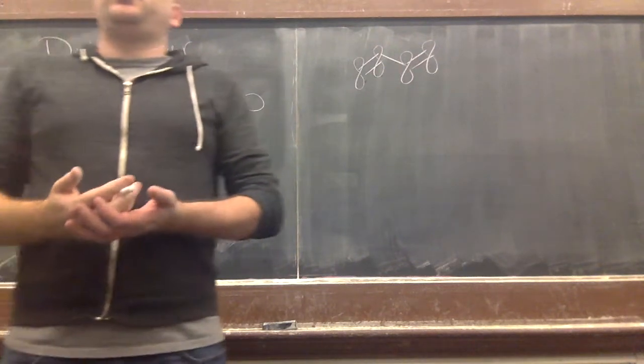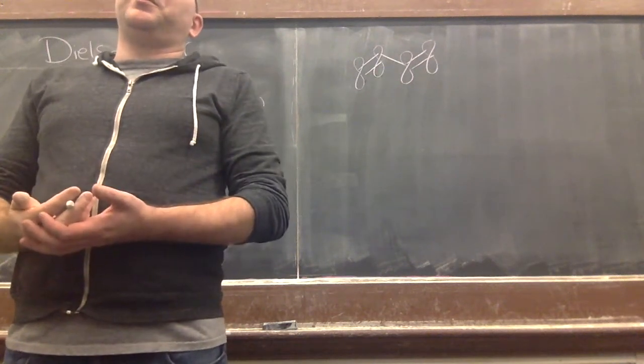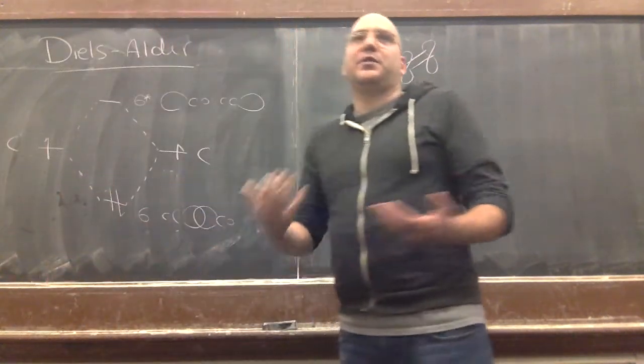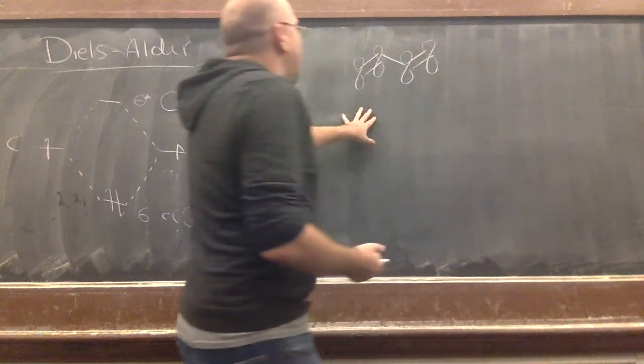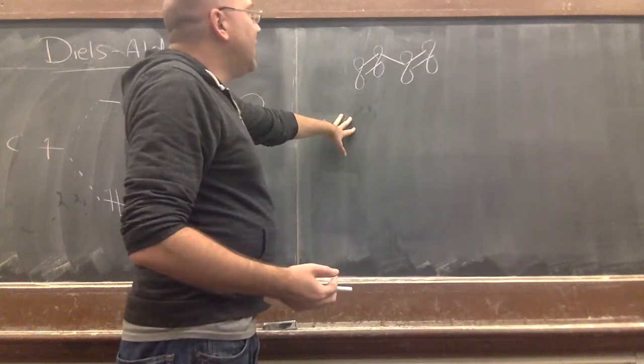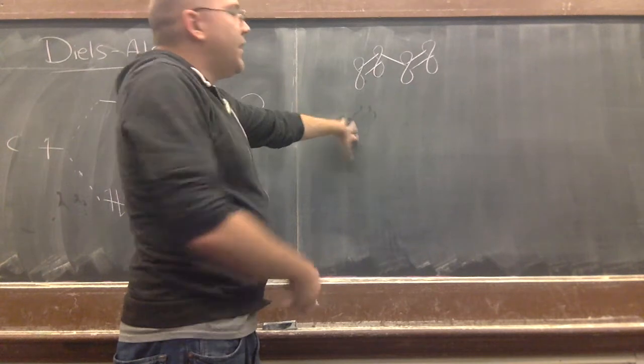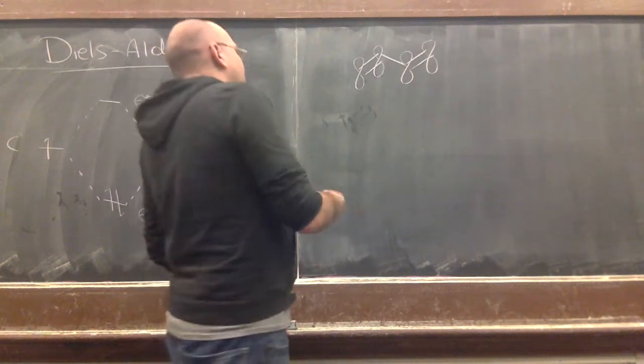And each of those is bringing 2 electrons to the party, kind of like the sigma bond each brought 1. And then again, we have 4 electrons, so we have a 4 electron total system.